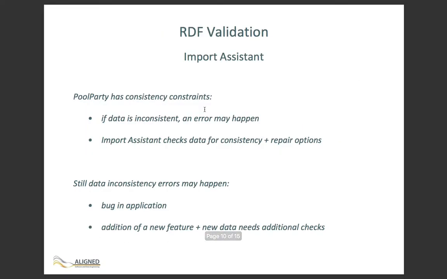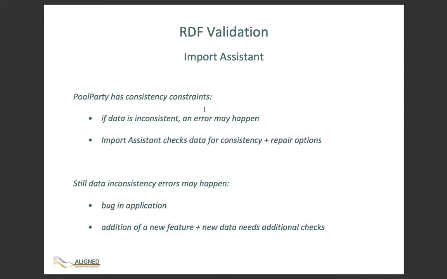The first component is RDF validation, which is integrated into PoolParty to support consistency within the application data storage. The RDF validation can be used to check and repair data that we want to import into a PoolParty project. Data within PoolParty projects has to satisfy constraints for the application to work correctly. To ensure that the imported data does not violate these constraints, RDF validation is used.